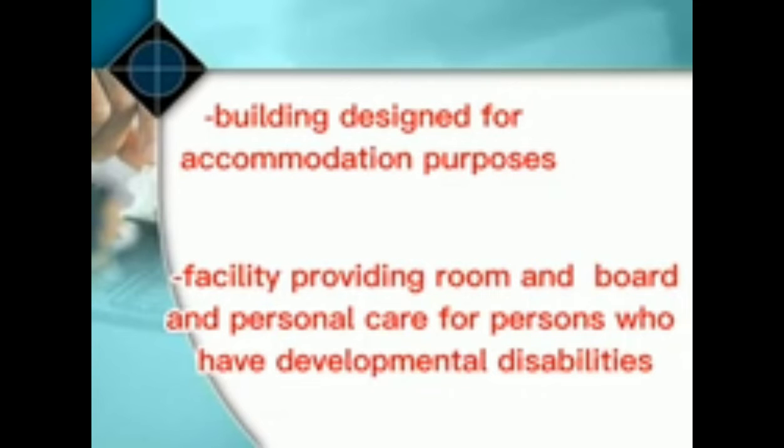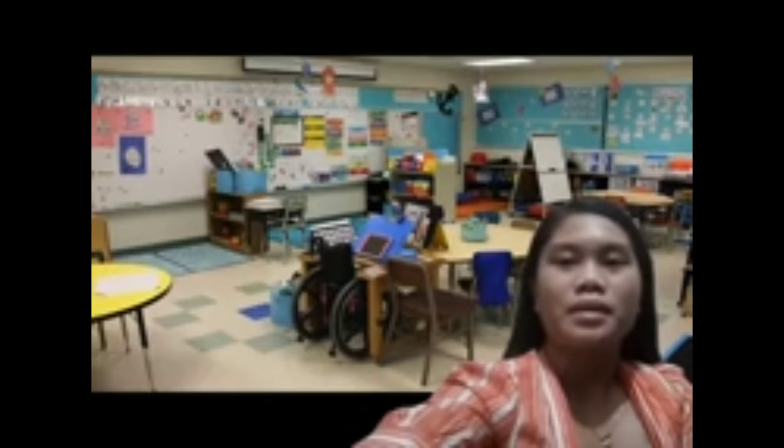It is a residential care, residential training, or residential treatment facility that provides accommodations, supervision, personal care services, and mental health services for one or more unrelated children with severe emotional disturbances. And it is a publicly or privately operated home.